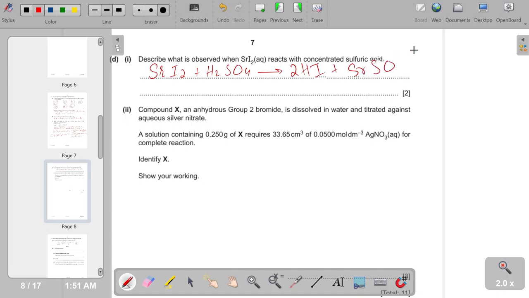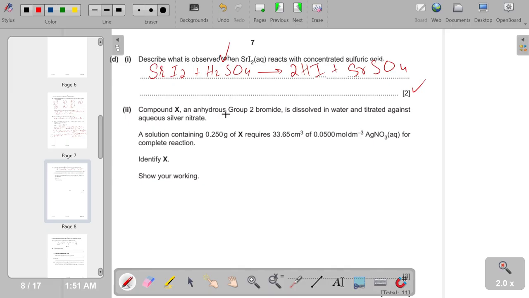But in actuality, this reaction is not a simple one. It continues, because sulfuric acid is a strong oxidizing agent and further oxidizes this hydrogen iodide. Because it is a 2 mark question, we have to limit the answer.